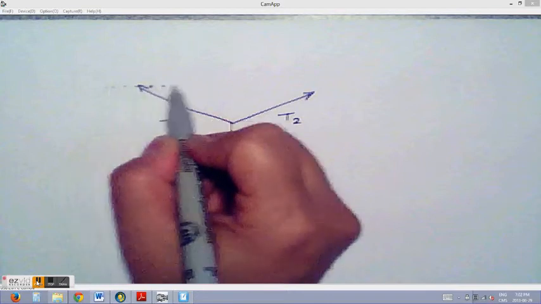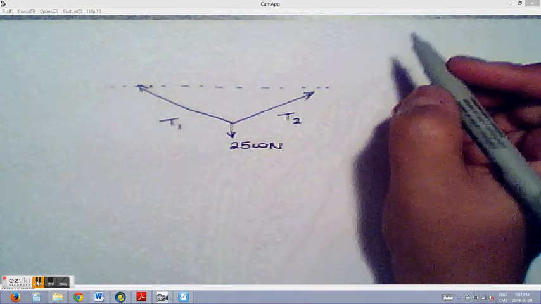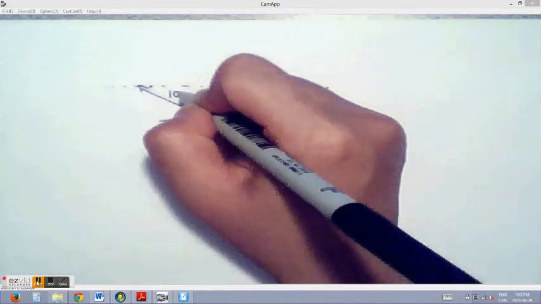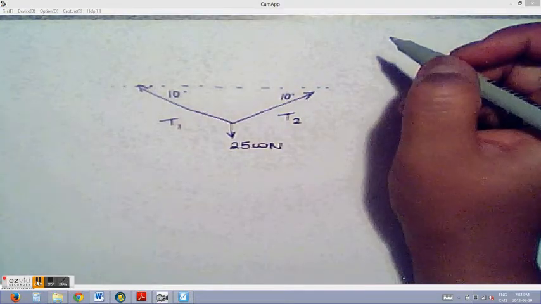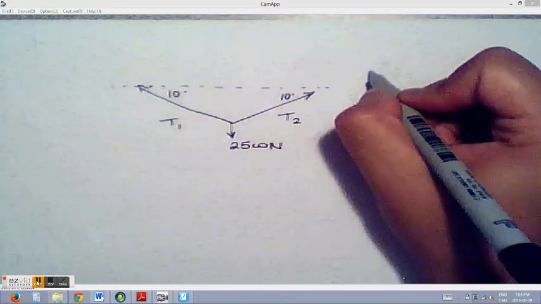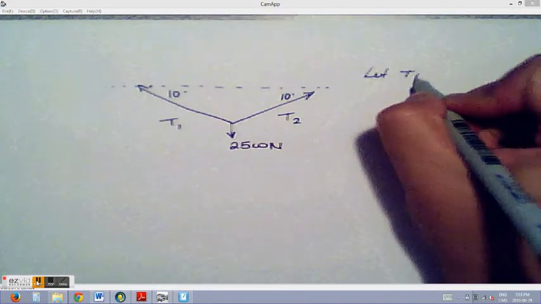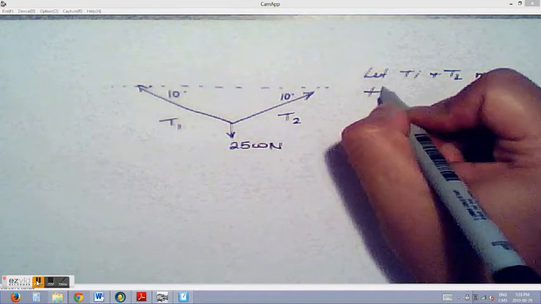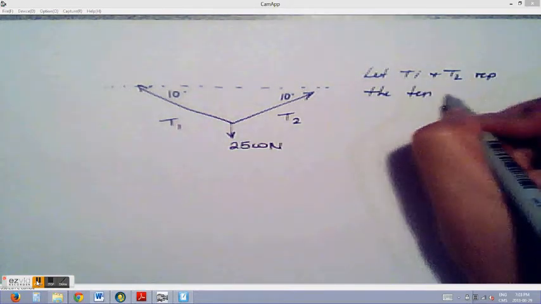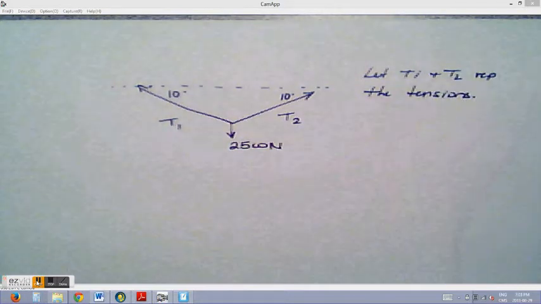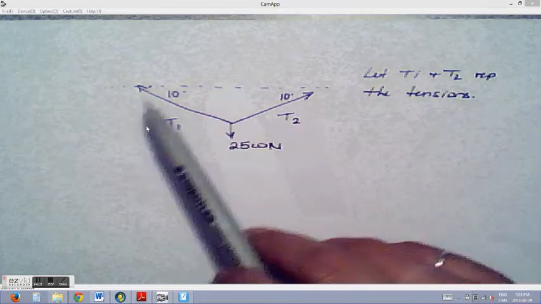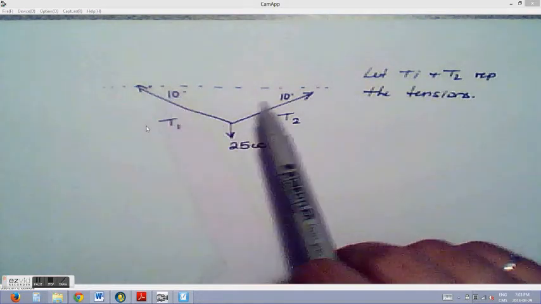Okay, so here's our horizontal. And we have 10 degrees here and 10 degrees here. Okay, so we're going to say let T1 and T2 represent the tensions. And remember that they're going to be equal in magnitude, because they're the same angle.